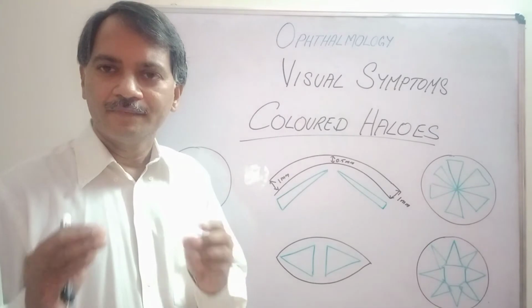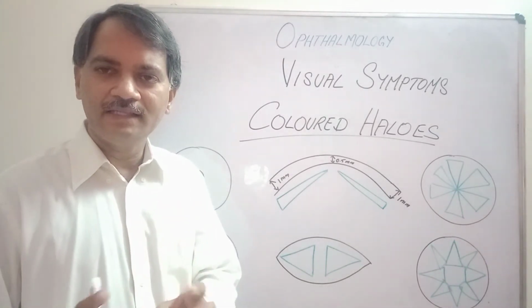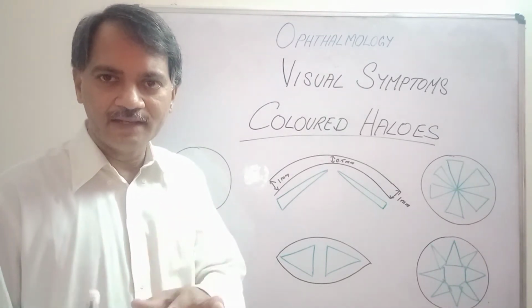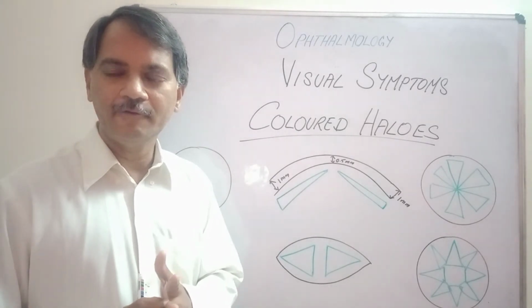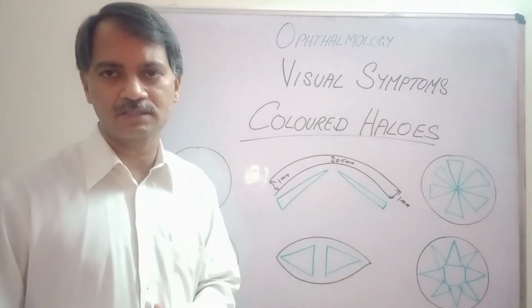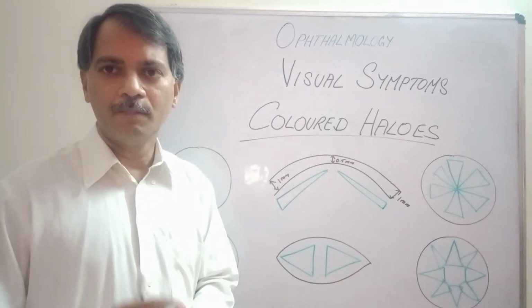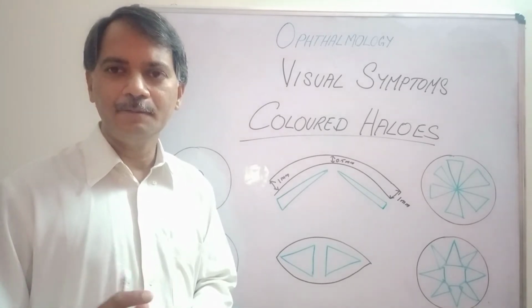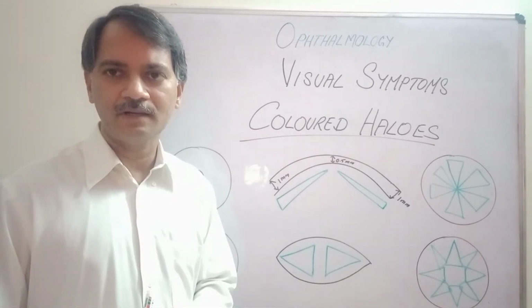So the normal cornea and the normal lens have the effect of a prism to diverge the light rays into multiple colors. But when you are seeing a bright light, what will happen?